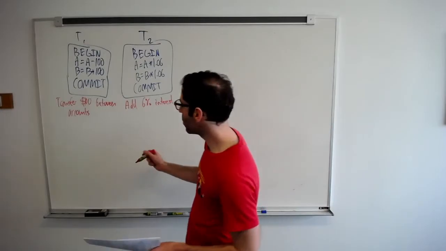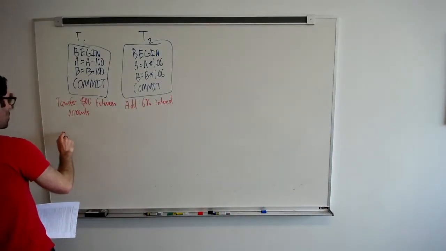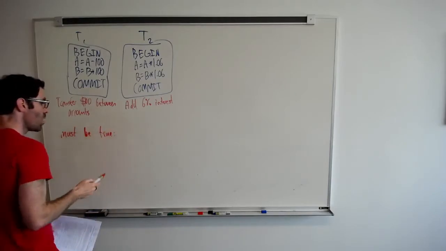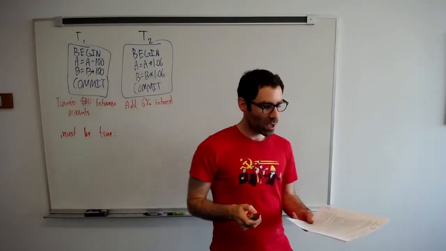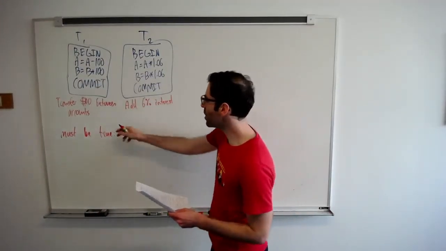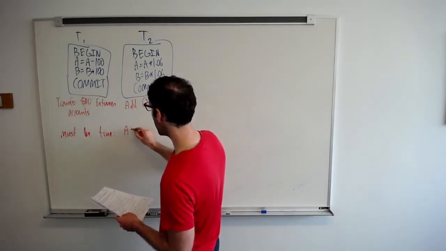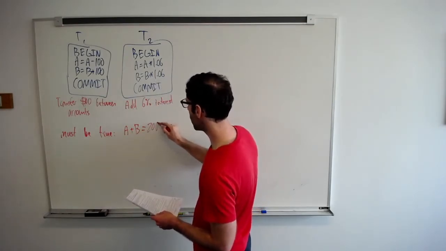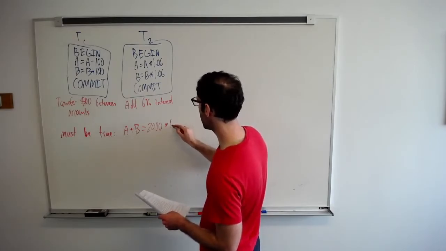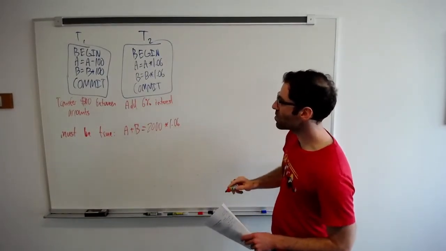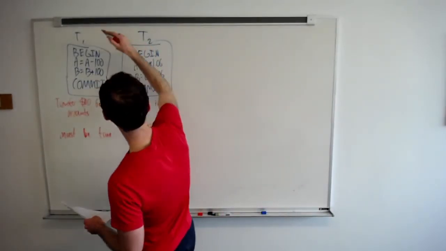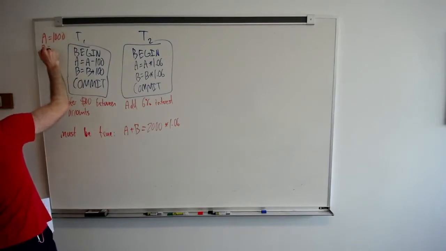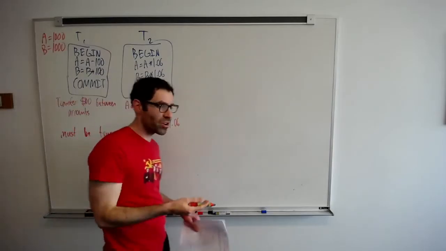And what must be true when we finish executing them is that A plus B needs to equal 2,000 times 1.06, and that only makes sense if I've told you that A and B both start out as 1,000.